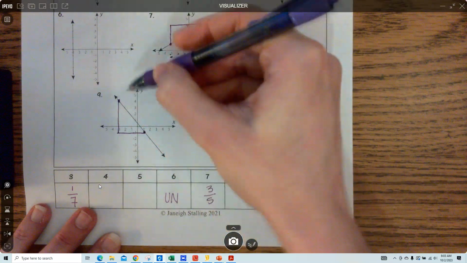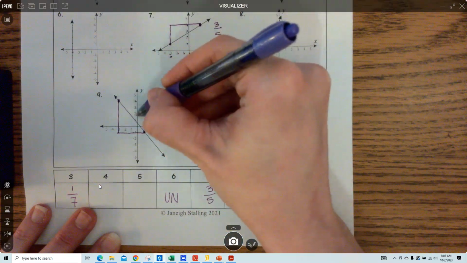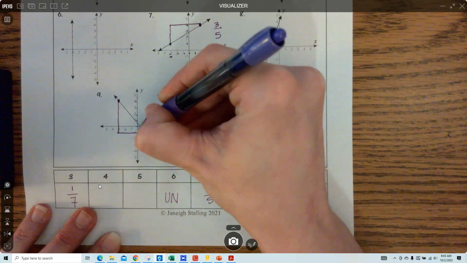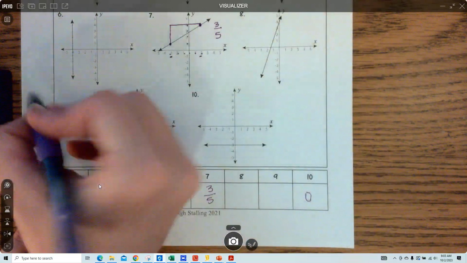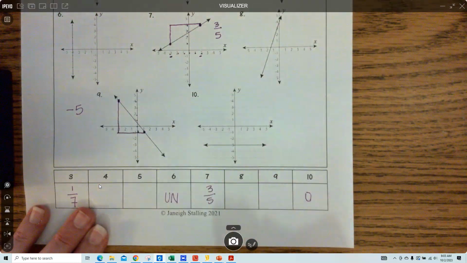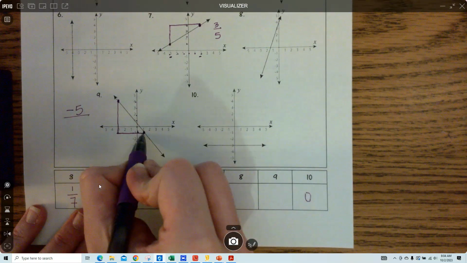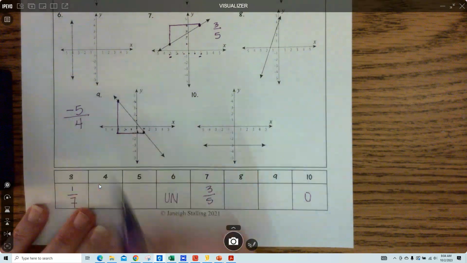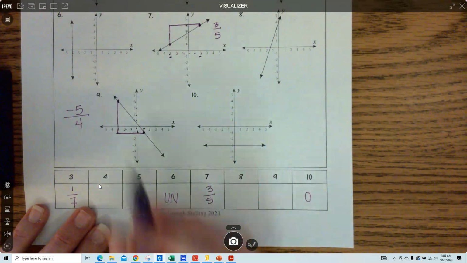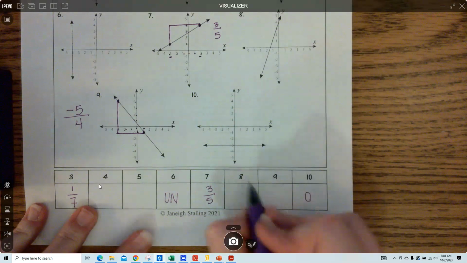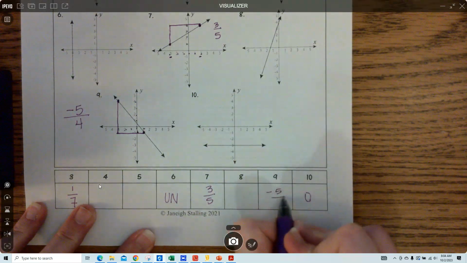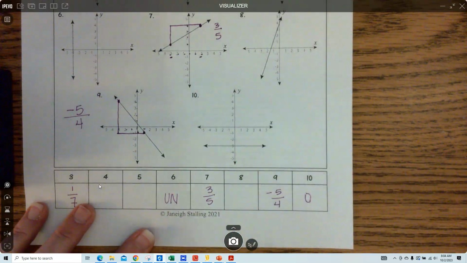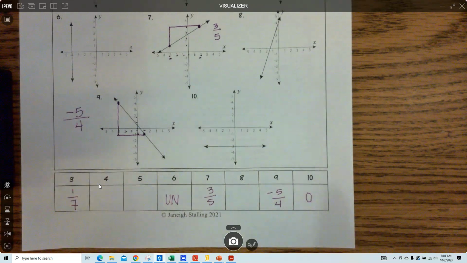So I'm going down 1, 2, 3, 4, 5, but if I go down, it's a negative. And then I'm going over 1, 2, 3, 4. So just make sure if you go down, that you make it negative.